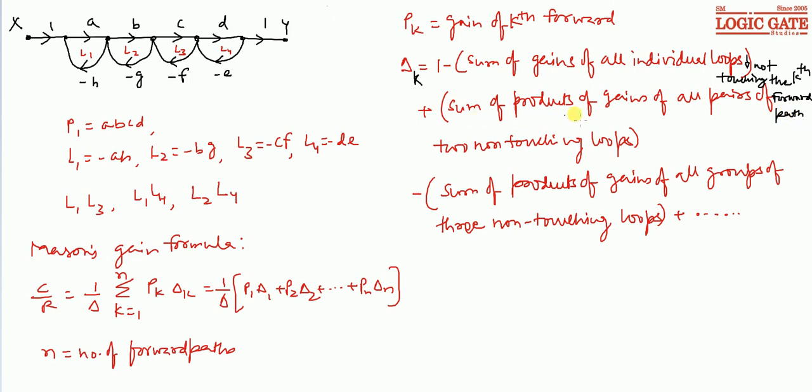Plus sum of product of gains of all pairs of two non-touching loops not touching the kth forward path. Minus sum of product of gains of all groups of three non-touching loops not touching the kth forward path.